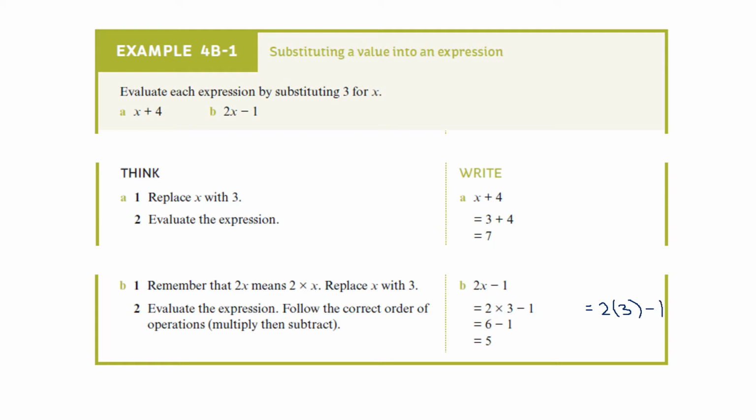Oh, that's pretty good writing considering I'm using my mouse. So what I've done here is I've written 2 and then a bracket 3. This actually means the same thing as multiplication. And then, of course, this will end up all being the same after that step. That kind of working out is acceptable as well. All right, moving on.